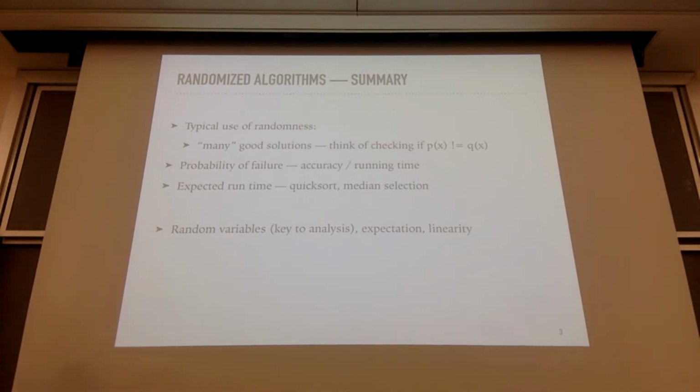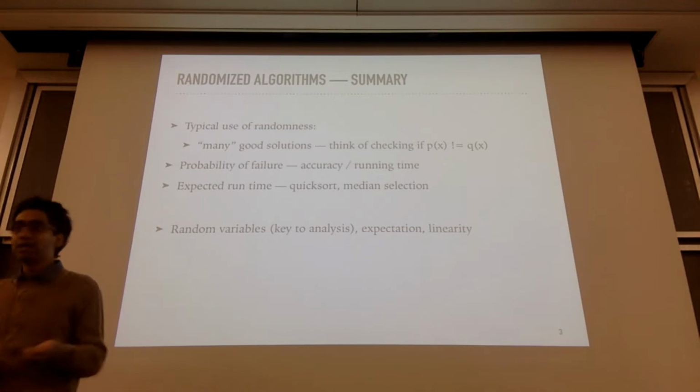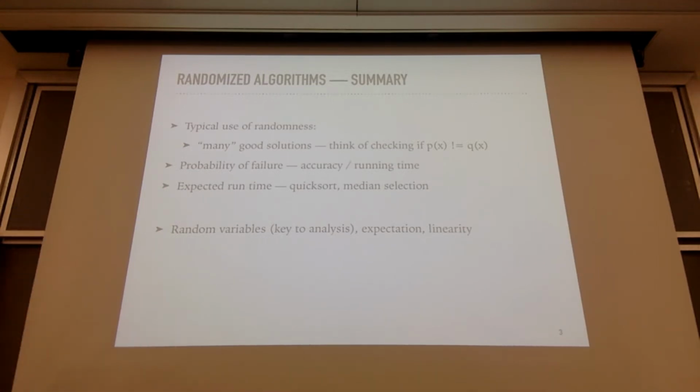We said that using randomness in algorithms can have a lot of benefits sometimes. One of the key things was that if you have problems in which there are many good solutions, but it's difficult to pinpoint one, then that's when randomness is used. You might ask, in what kind of situations does this happen? We saw a bunch. One of the striking examples was, suppose you're given two large polynomials with a large number of coefficients, in multiple variables, so that x is actually a vector of variables.